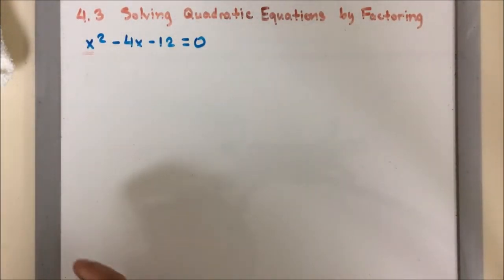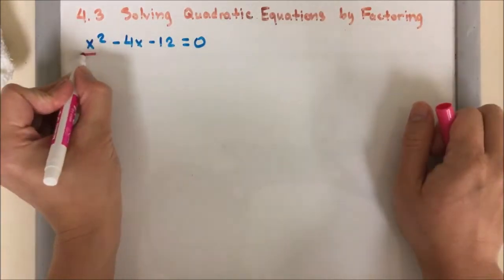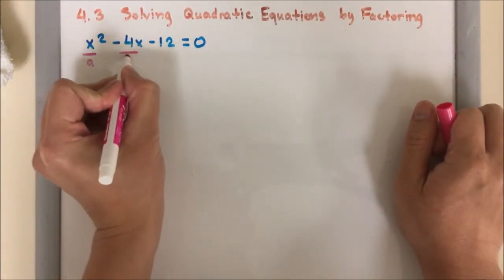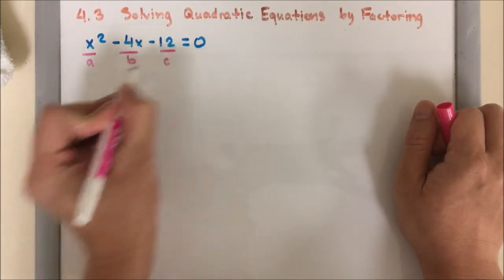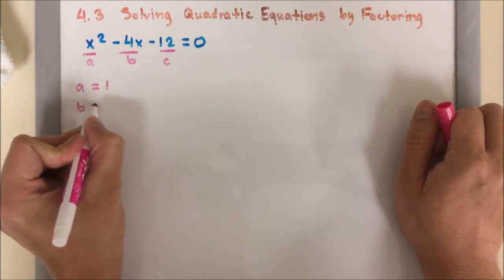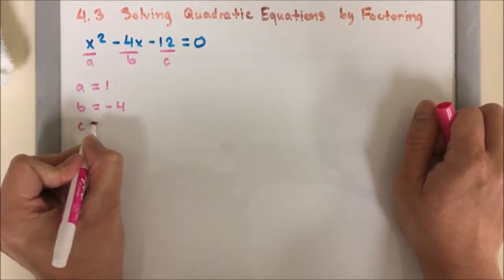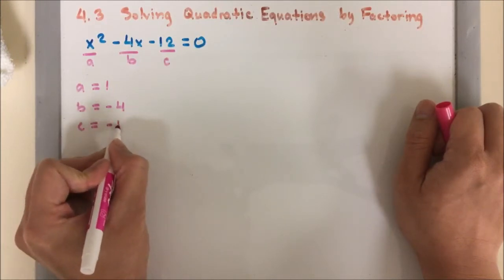Let me use a different color. So again, this is A, B, C. A is the invisible 1, B is the negative 4 in front of x, and C is the regular number, negative 12.